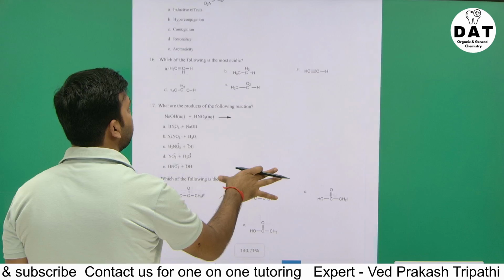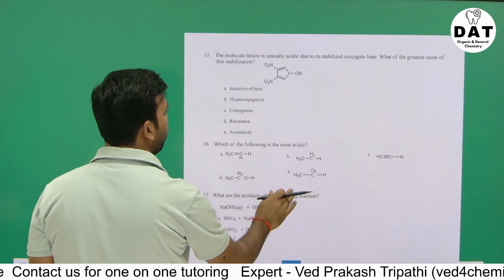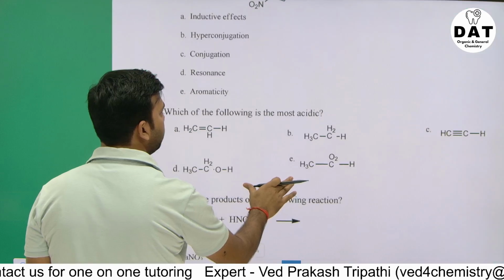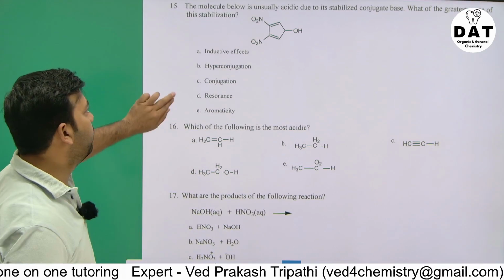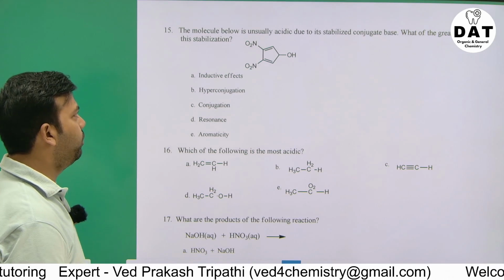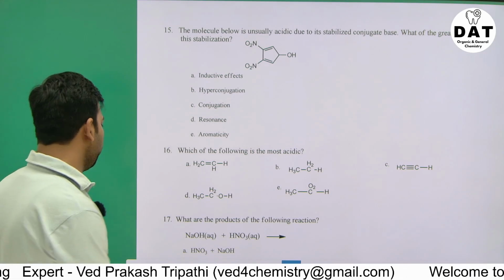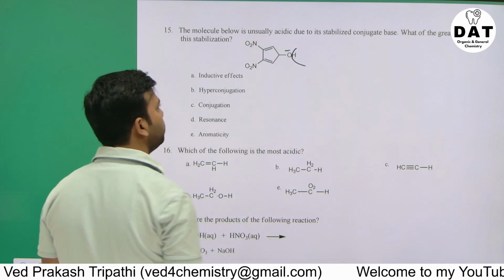Okay, now the next question, 15th. The molecule below is unusually acidic due to stabilized conjugate base. What is the greatest cause of this stabilization? So once you remove this H plus, there is a negative.